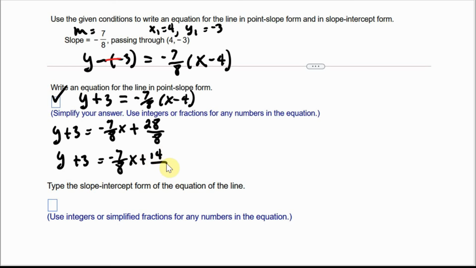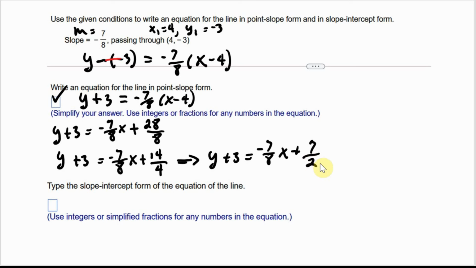Was that 14 over 4? Now, can't you simplify that? Yes, by 2. So really, 4 was the common factor, right? I just did that. No, that's fine. That's good. So let's say this implies that y plus 3 is equal to negative 7 over 8 times x. Here, this is what, plus 7 over 2?